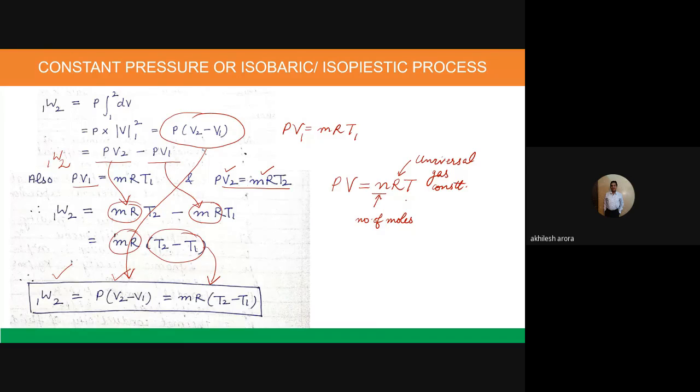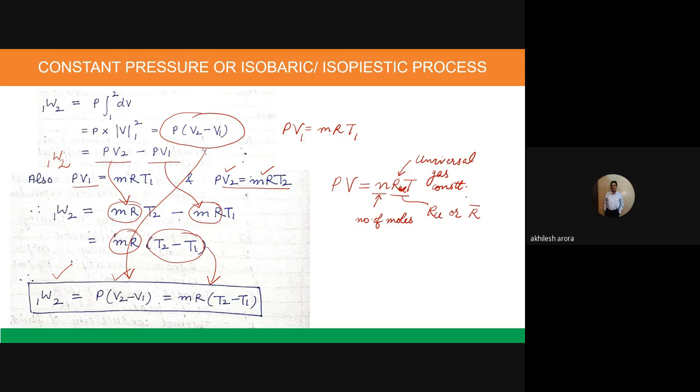Now there is a difference, though both the equations are exactly similar. When I write this particular equation, I say that this is R_U. So either I write this R as R_U, or I can also use R bar.